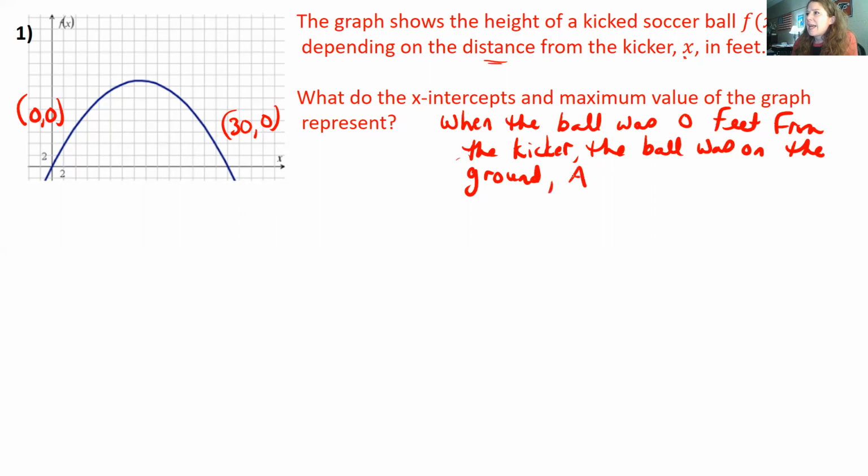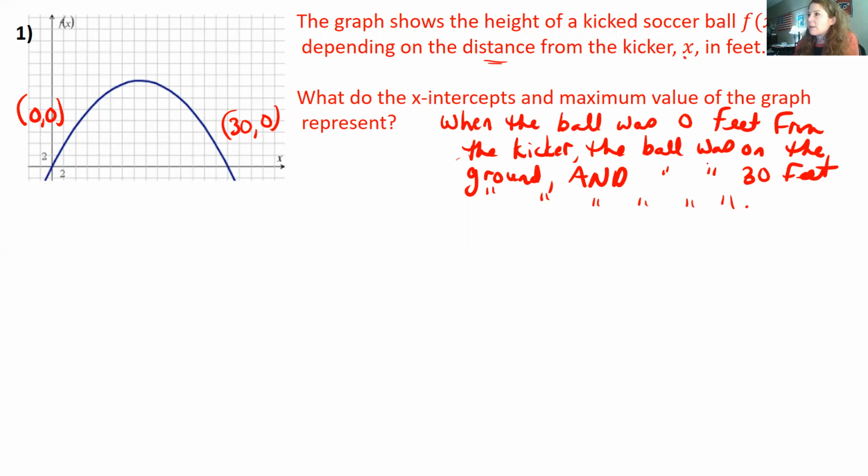And then I would say, exactly the same, when the ball was 30 feet from the kicker, the ball was on the ground. Okay, I hope y'all understand what that means.